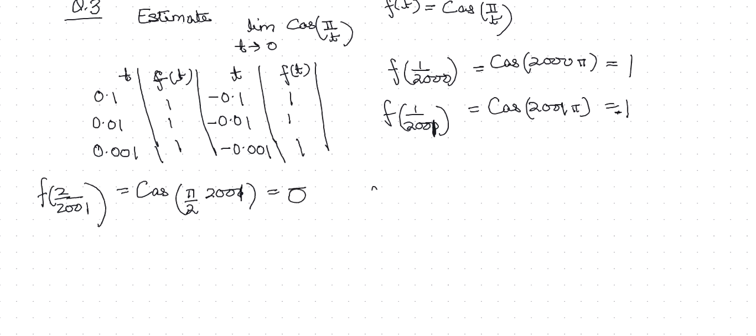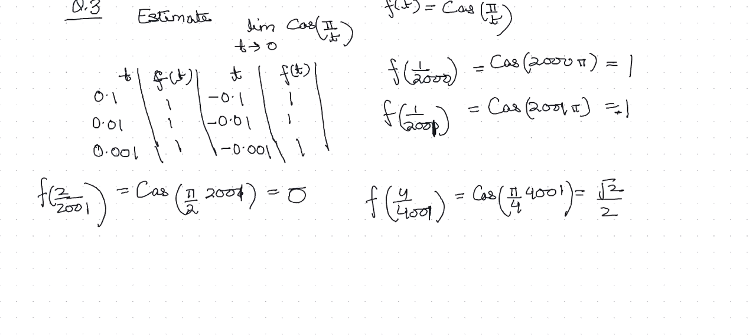And if we check like this, cos of pi over 4 over 4001 would give root 2 over 2. And all these values of t here are less than 0.001.